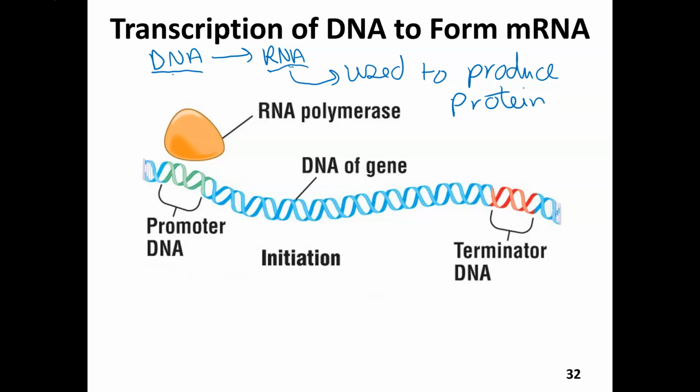So we have to have certain enzymes. In replication, we used an enzyme called DNA polymerase that allowed us to add DNA nucleotides. In transcription, we're going to use RNA polymerase. RNA polymerase binds to a region known as the promoter site.